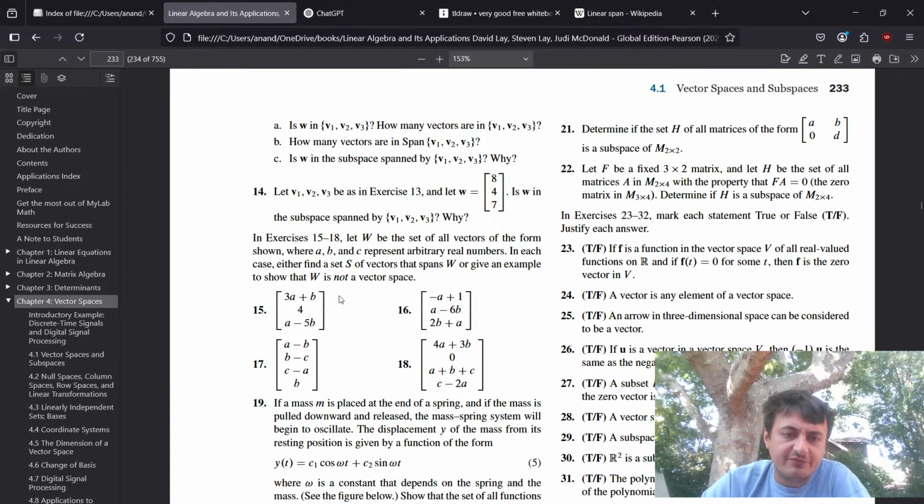If you add that to itself, you get (0, 8, 0), but that's not part of W. So (0, 4, 0) plus (0, 4, 0) is not in W. So it's not a vector space.